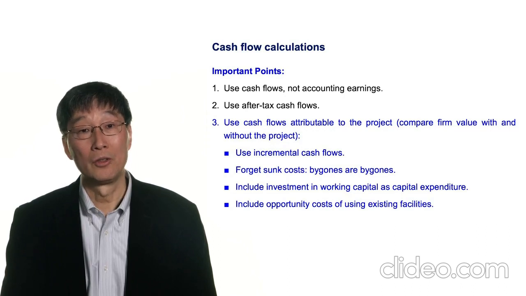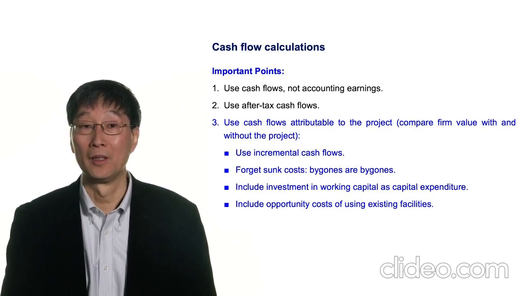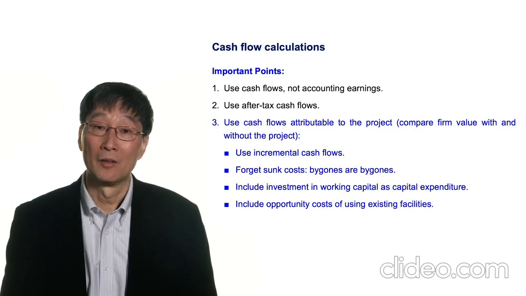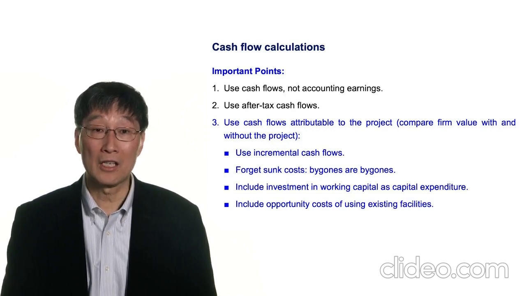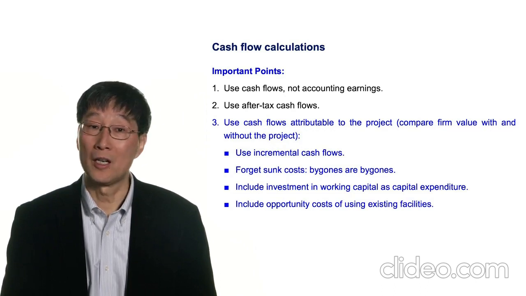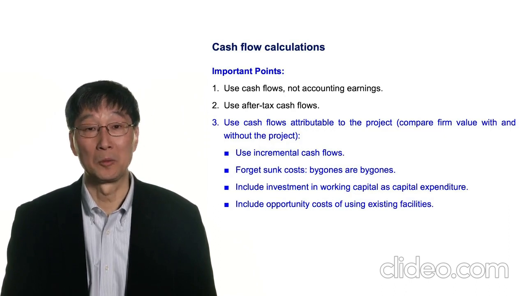There's no need to include unrelated cash flows since we only care about the net value added by the project. 2. Ignore sunk costs. These are cash flows associated with previous decisions, not the current decision, which is about current and future cash flows. Let the bygones be bygones, as people say.